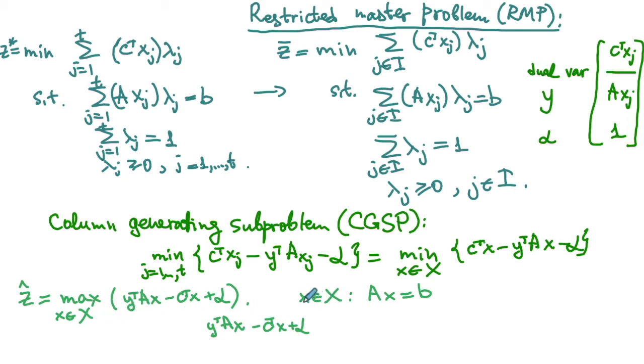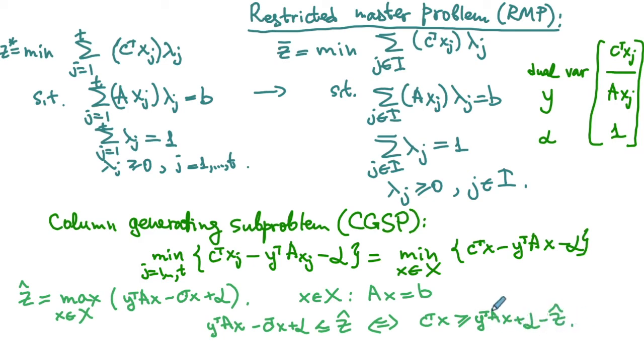Because the point x is feasible for this LP, and z hat gives the optimal objective value, we have the inequality less than or equal to z hat. This is equivalent to stating that c transposed x is greater than or equal to y transposed Ax plus alpha minus z hat.